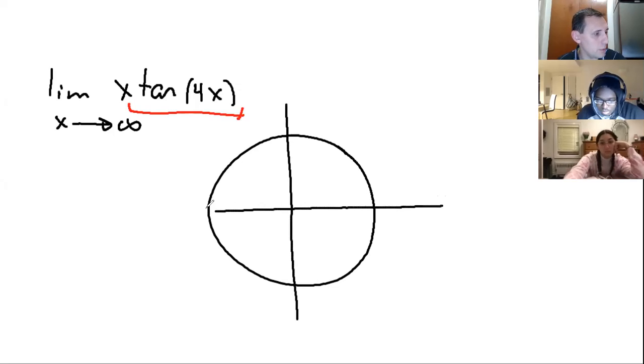Can you see where is tangent here, guys? So let's say if I open up the angle at some point, I open it up to here, then that's the angle. And then tangent of that value will be this thing here. Yes, that's tangent.